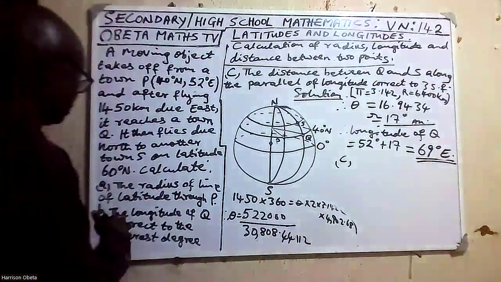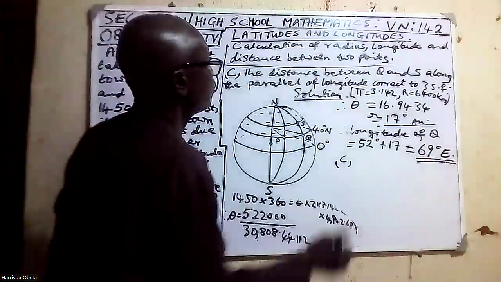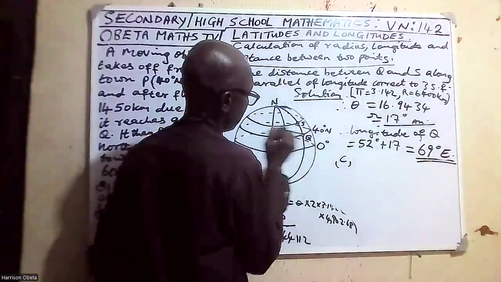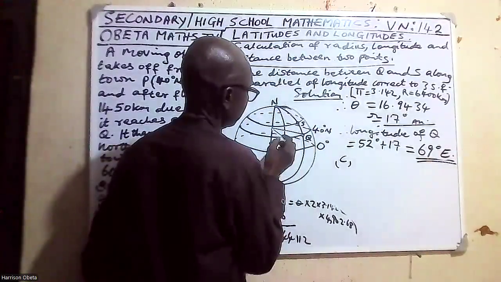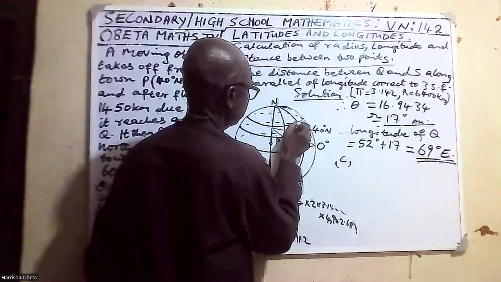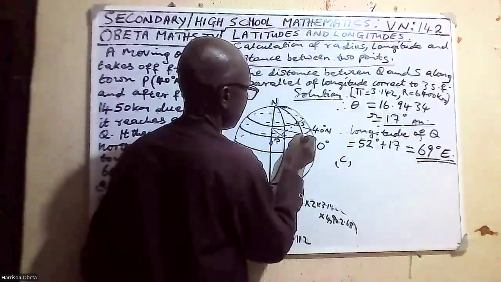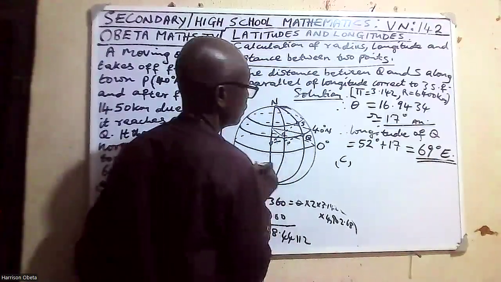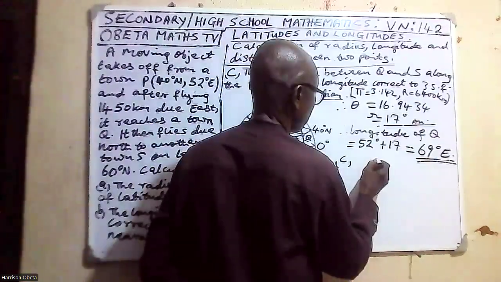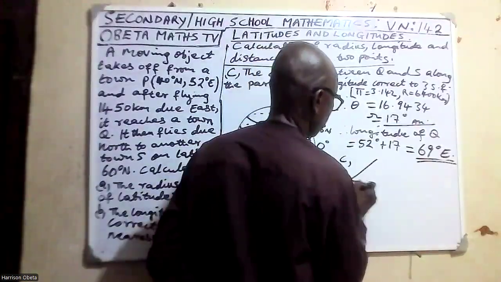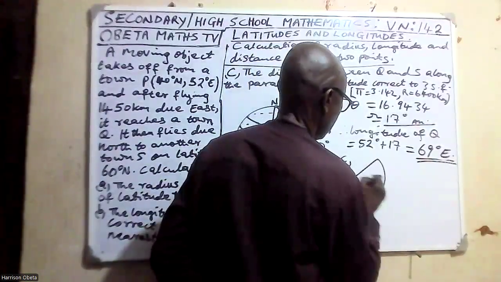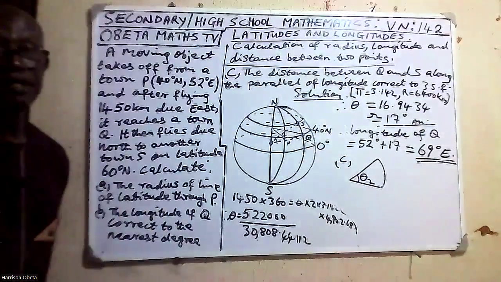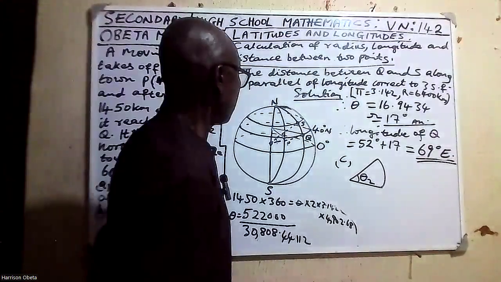Then C, we have to calculate the distance between Q and S. Q and S is here, and that means we have to take our center from the big center. So we have something of this nature, and we are talking of theta 2, the angular difference.